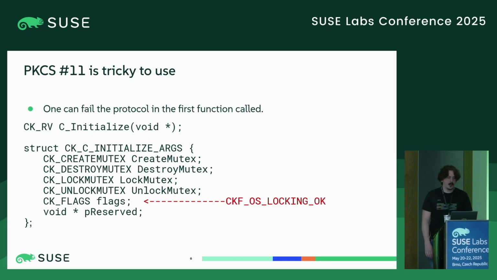So PKCS#11 is tricky to use. The first function that you use, before getting the list of functions supported by the PKCS#11 version, is C_Initialize. It takes a void pointer, which is actually a CK_C_INITIALIZE_ARGS struct. And inside this struct, there is a field called CK_FLAGS, and it holds a few important values.